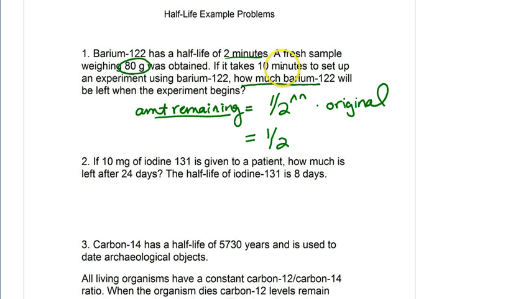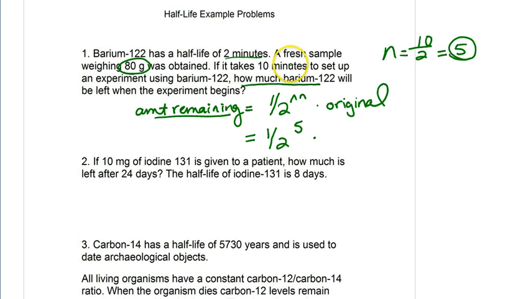So how many half-lives occurred? So we know that it takes 10 minutes to set up an experiment, and it has a half-life of 2 minutes. So that would be then 10 divided by 2. So 5 half-lives will occur by the time you finish your experiment or have that ready. So that would be 5.